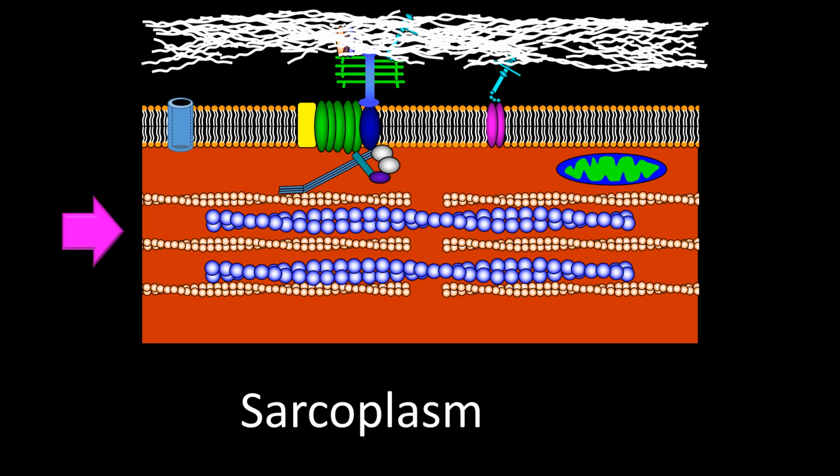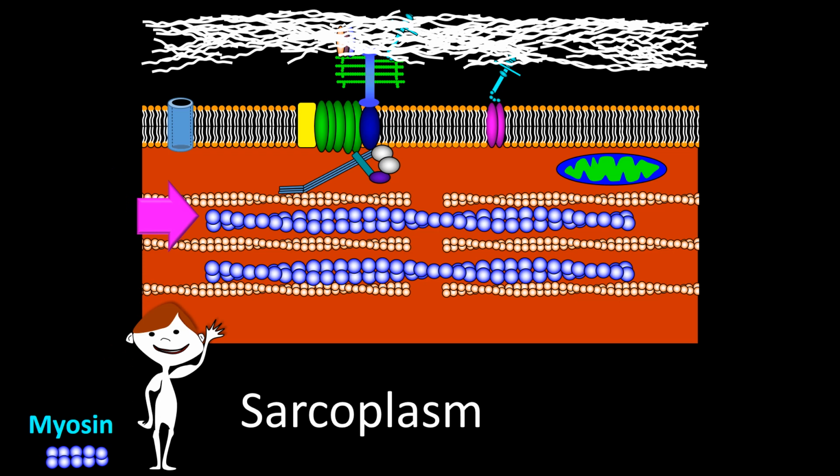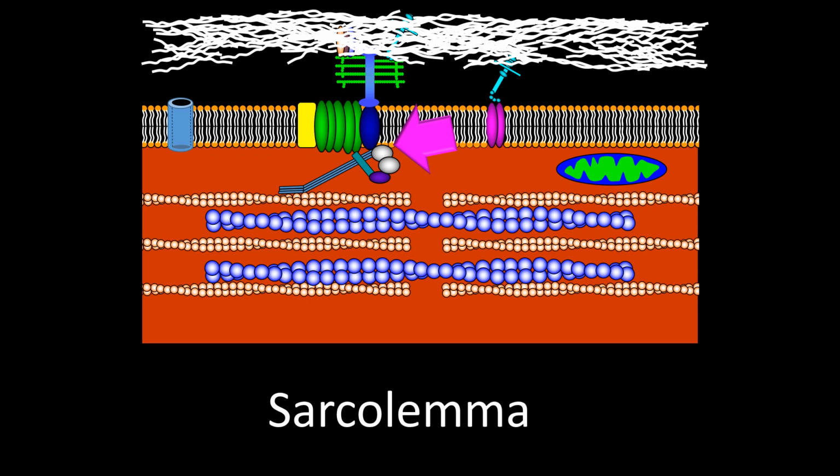And below, we have the sarcoplasm. In it, we find actin and myosin. They are the main components of myofibrils. We can also see mitochondria and a structure that goes from the actin to the inner surface of the membrane.